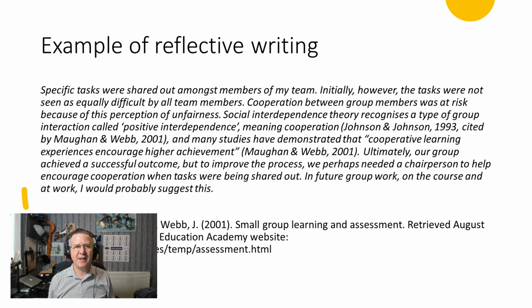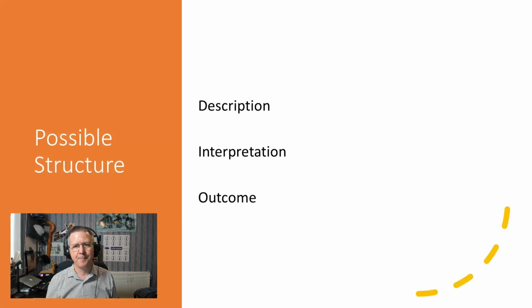Okay, so you can see that it started off with the situation, it then engaged with it, and then it looked to the future. And that's roughly the procedure that you're going to write about. So that structure is almost like the description, then the interpretation, then the outcome.